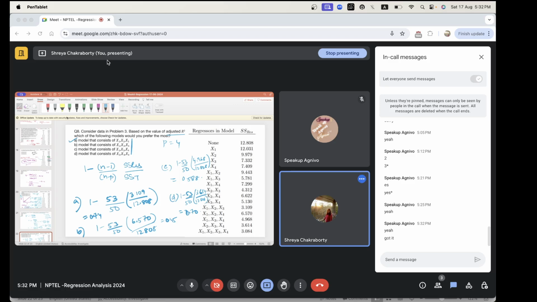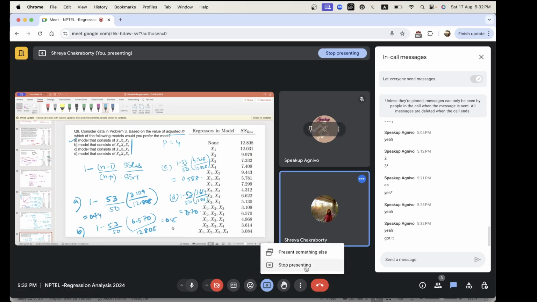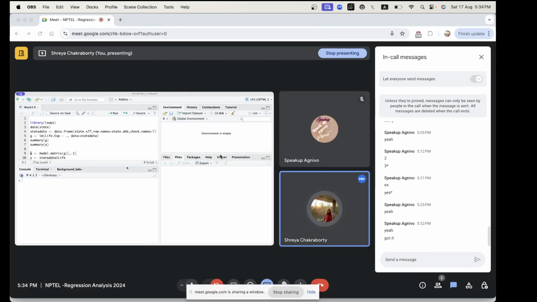And this is not exactly part of your exams, but you can just give it a try to explore. All right, so first I'll stop the screen and share my R console. Please let me know when you see it. Can you see my screen?